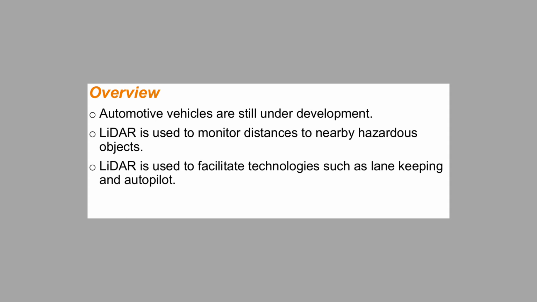As a result, this system allows the vehicle to assess risks around it, when certain decisions can be taken, when you can change lanes, when you can increase velocity, etc. As a result, LiDAR facilitates many driverless features such as lane keeping assistance and autopilot.